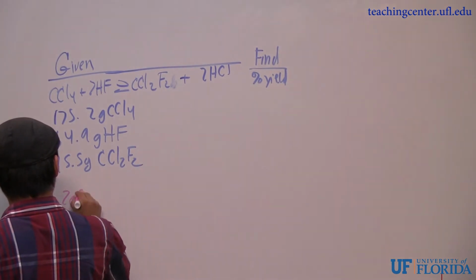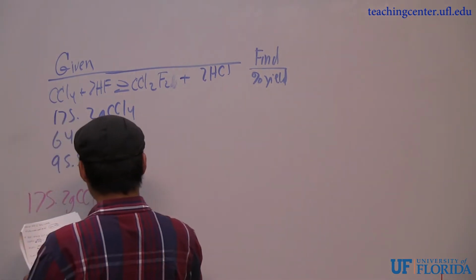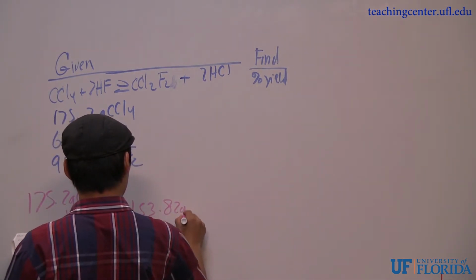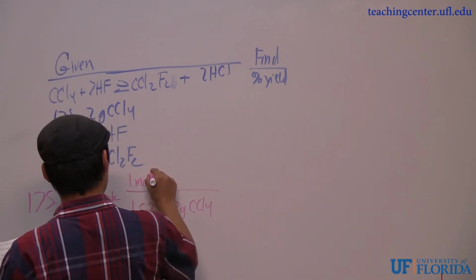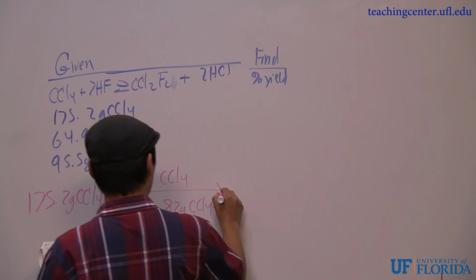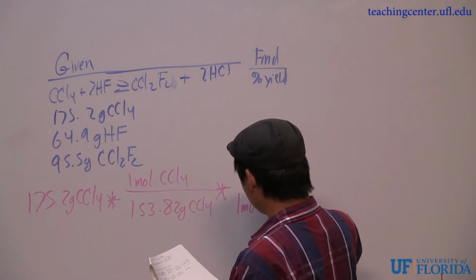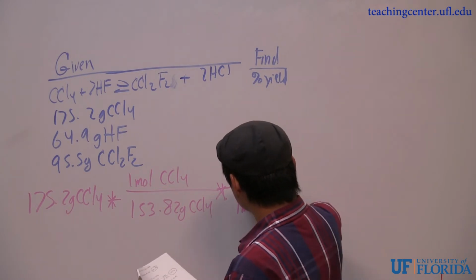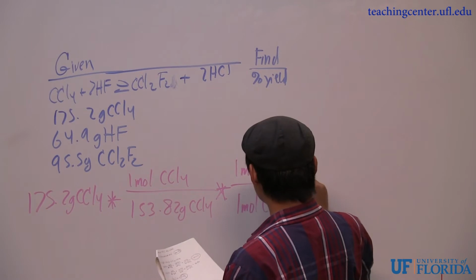So I have 175.2 grams of CCl4. I'm going to convert this to moles of CCl4, and then I'm going to say for every 1 mole of CCl4, there's 1 mole of CCl2F2.